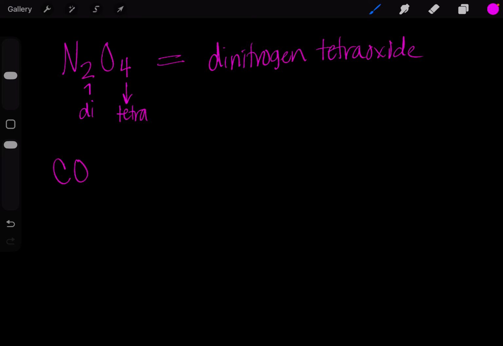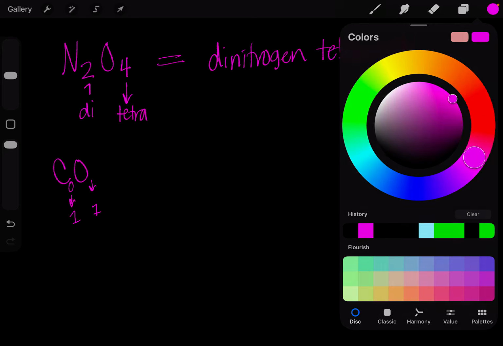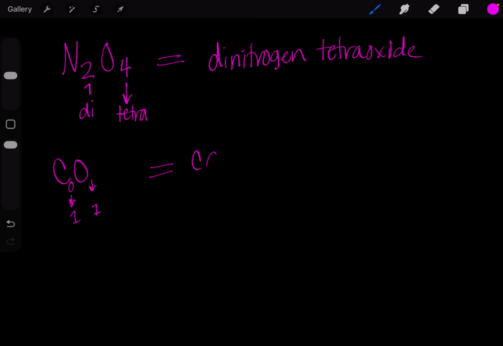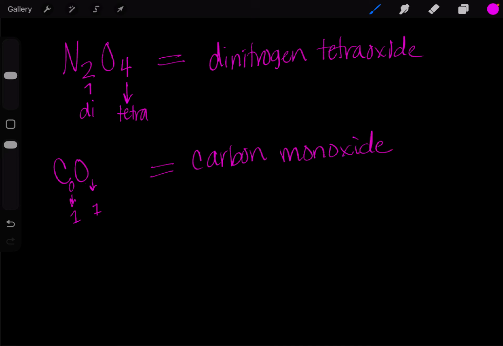Example number 2, CO. Again, if there's no number, we assume that this is a 1, and we assume that this is a 1. And I said, if there is a 1 for your first element, you don't write mono. So this wouldn't be monocarbon. No, it would be carbon, and 1 is monoxide: carbon monoxide.